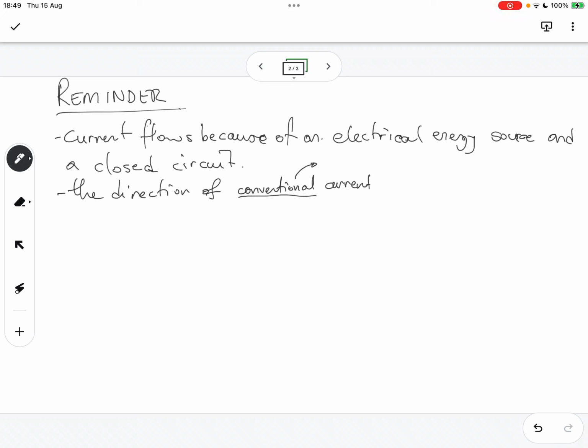The definition of convention, according to the dictionary Merriam-Webster, is an agreement or contract, right?